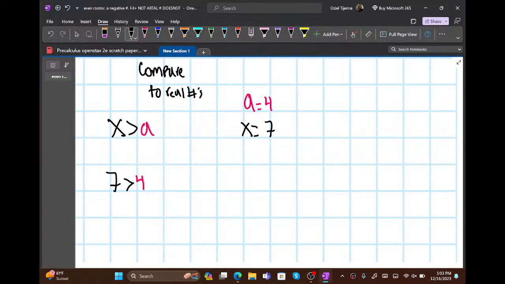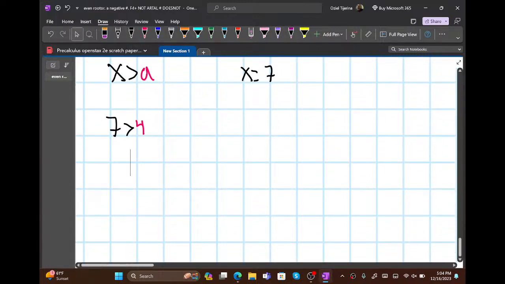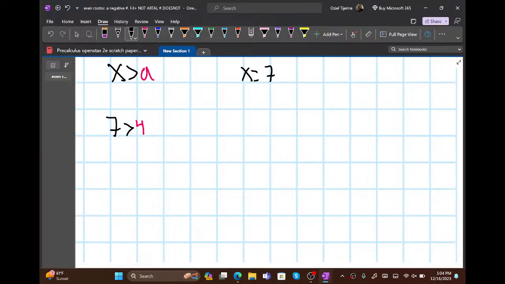And the way that we say this, we know that the interval would be from parentheses 4 to 7. Now, I do want to say the following.